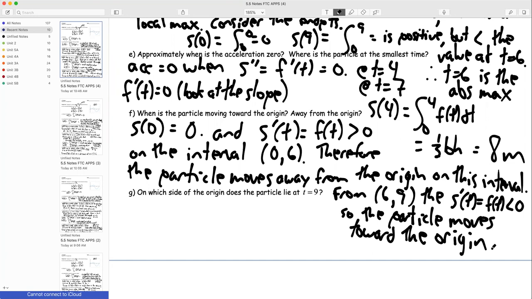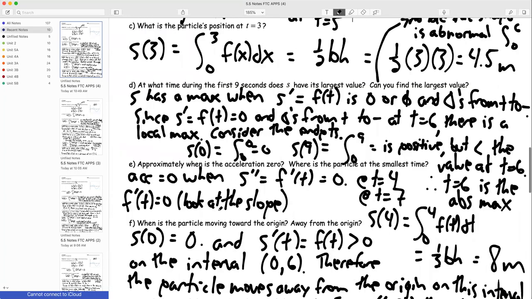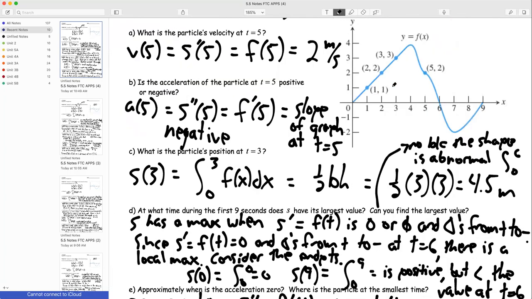And one more. Part G, on which side of the origin does the particle lie at t equals 9? So I want to find S of 9, the position, which is the integral from 0 to 9 of f of x dx. Does the integral from 0 to 9 have a negative value or a positive value? How do we know?